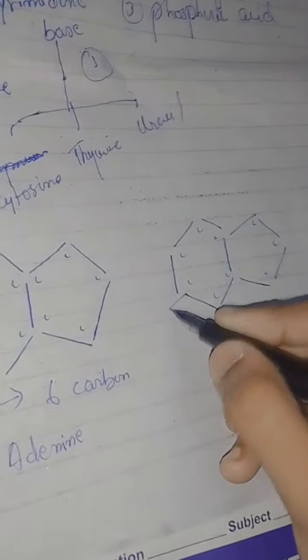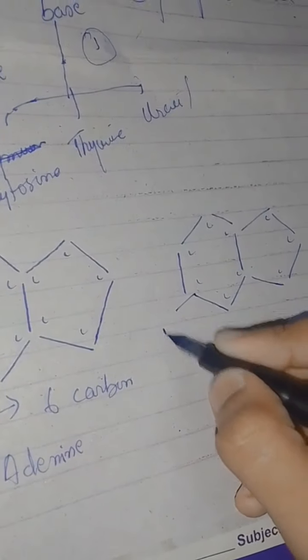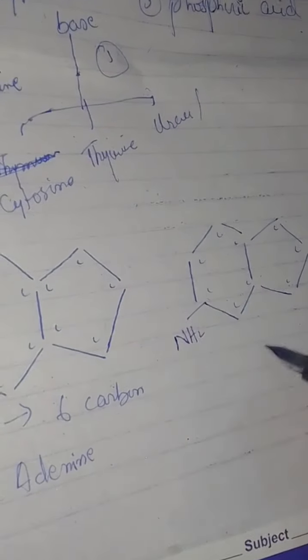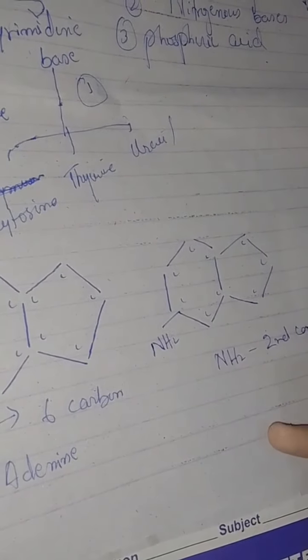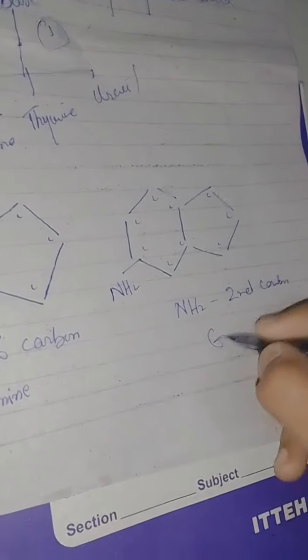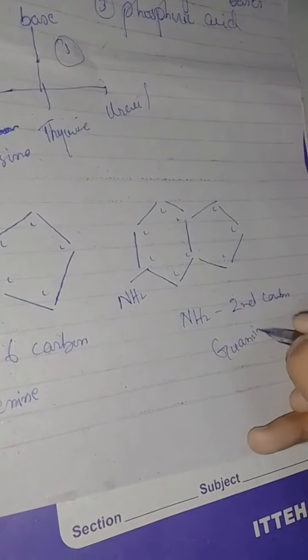And if there is a double ring structure and the amine group is attached on the second carbon, that double ring structure will be known as guanine. So we can easily identify which one is adenine or guanine. Both have a double ring structure because they are purine bases.